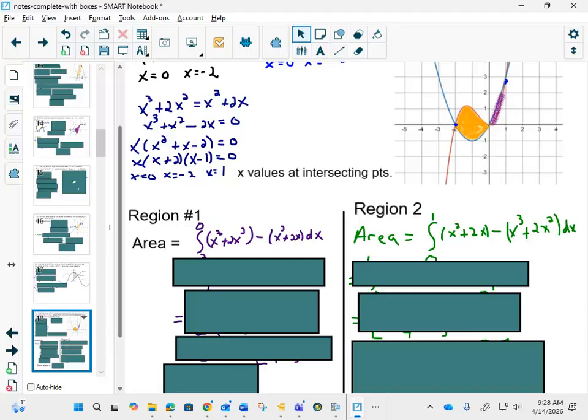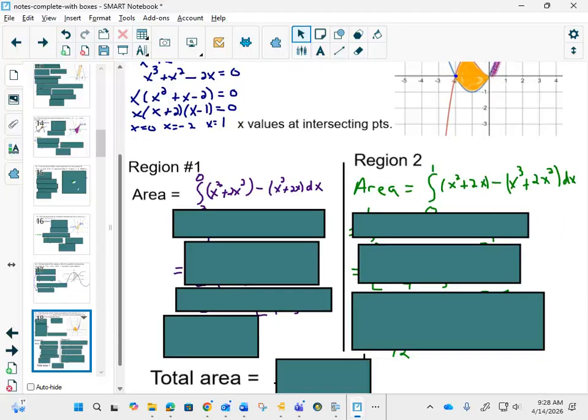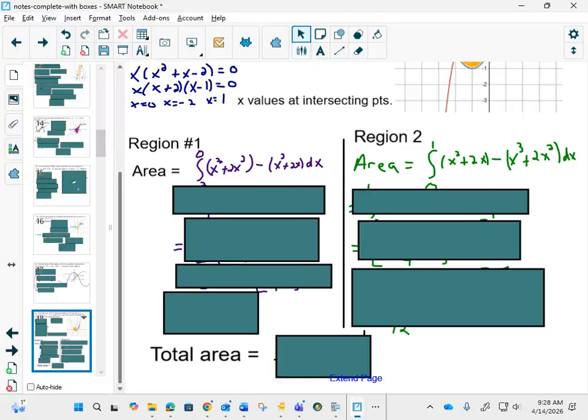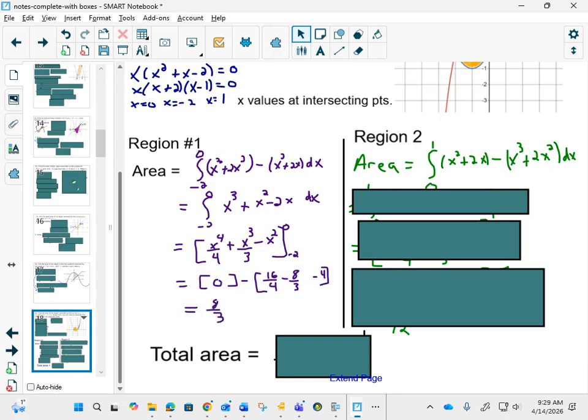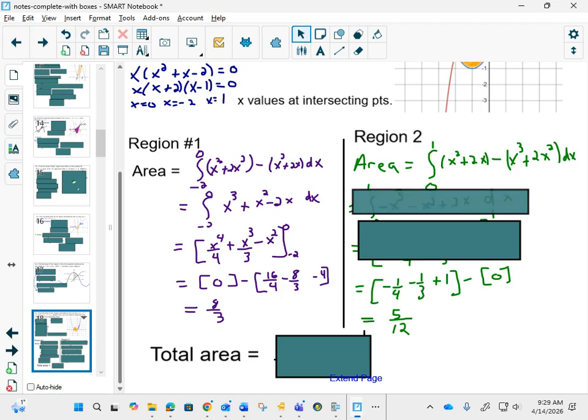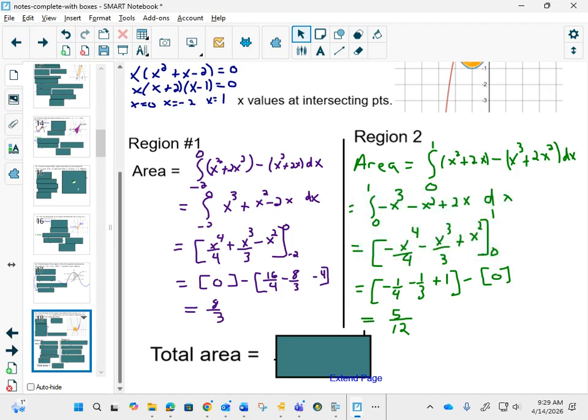I need to make it positive. So you could just add absolute values all the way through and make your answer positive. So you have a way out even if you don't know which graph is on top. But if you're doing that, you would need to simplify all the way to the end to get your answer. And then your total area is just the 2 of them combined.